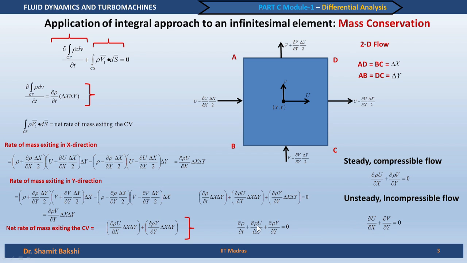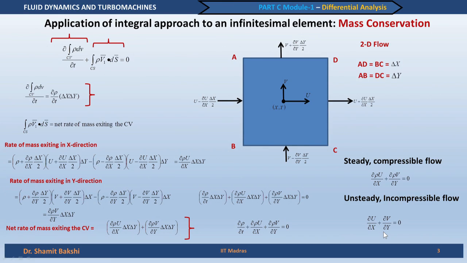As density is constant, it can be taken out. So, we get del u by del x plus del v by del y is equal to 0. This equation is the same for steady and unsteady flow in an incompressible flow situation, because the only unsteadiness in the continuity equation pertains to the density. So, this is the equation which is valid for a 2-dimensional steady or unsteady incompressible flow.